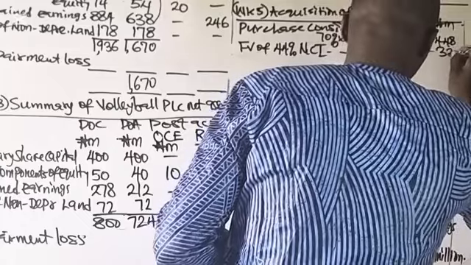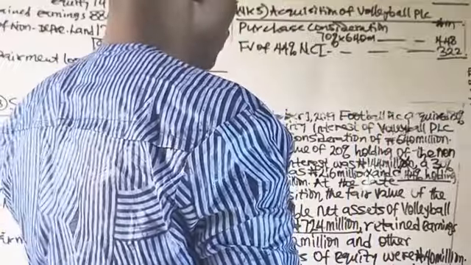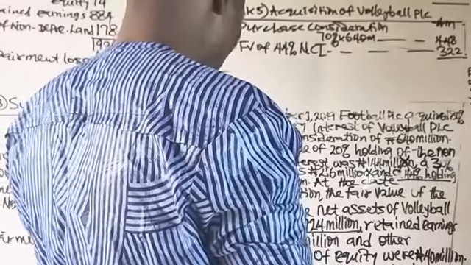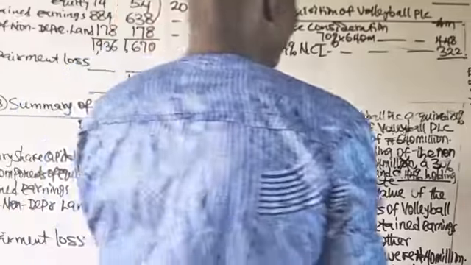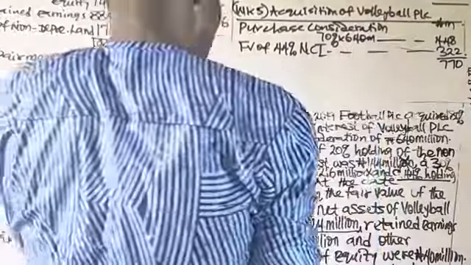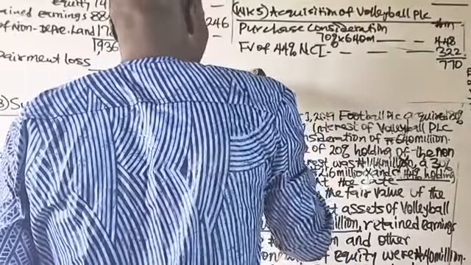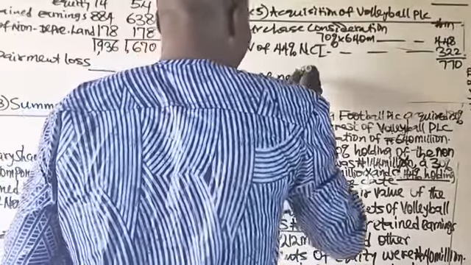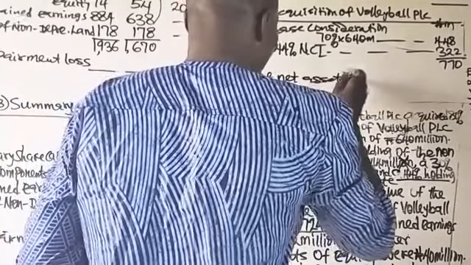So if you add it to the consideration of 448, 448 plus 322, then we have 770. So then the next item is to deduct the fair value of net assets acquired.